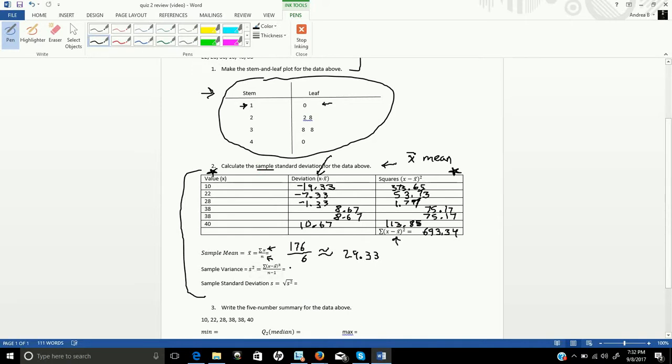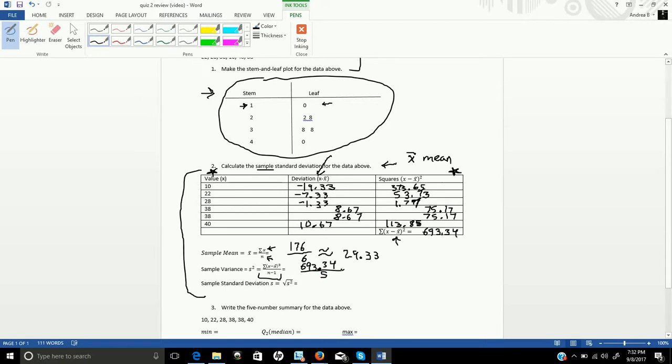So remember, n is how many values you have. Our n was 6, so 6 minus 1 is 5. So if we divide that, we're going to get approximately 138.67.